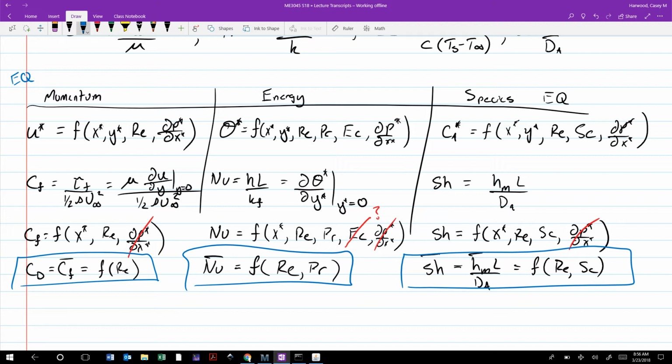And so it would be really easy, for example, to run a series of experiments, do some curve fitting, and figure out an approximate functional dependence that you could then use to get the Nusselt number. And if you know the fluid conductivity and you know your characteristic length, which you should because you picked it, then you can solve for h or h bar, depending on which one you're interested in.